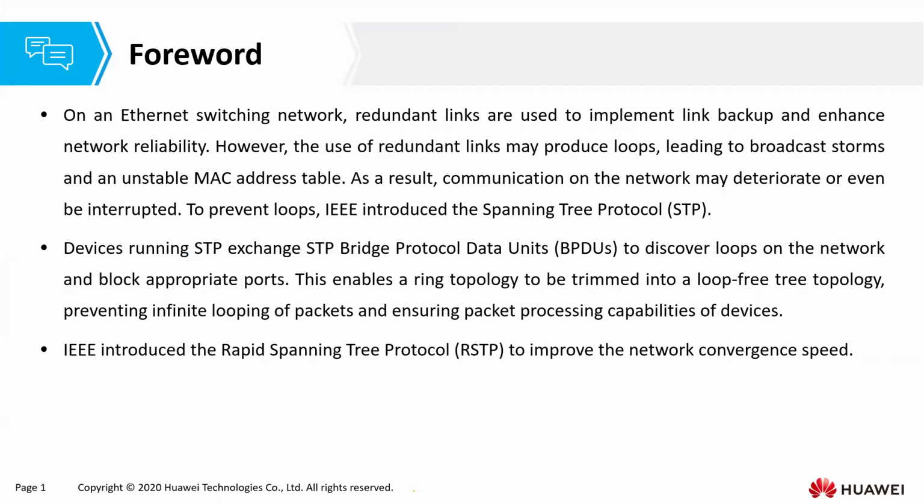So quickly going through this. On Ethernet switching networks, redundant links are used to implement link backup and enhance network reliability. However, they produce loops, leading to broadcast storms and an unstable MAC address table. So basically for the introduction, you're going to realize redundant links are very important in a network.